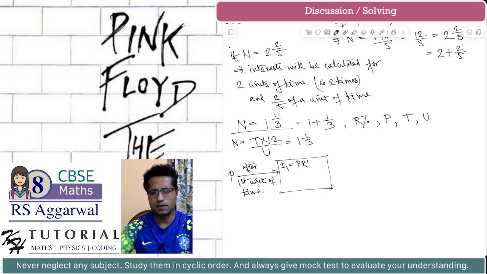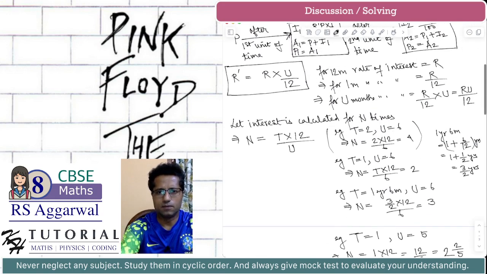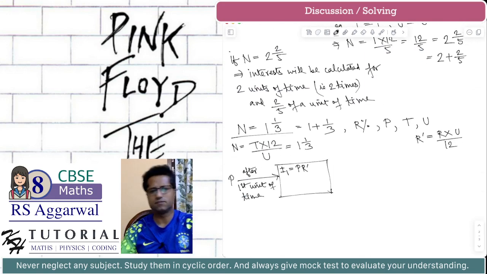Now obviously R dash will be equal to R multiplied by U by 12. I think R multiplied by U by 12. So R dash will be simply calculated from R and U, where U is in unit of time in months.